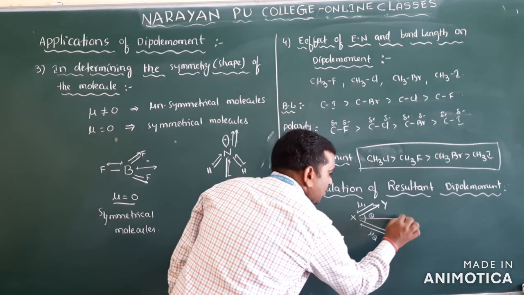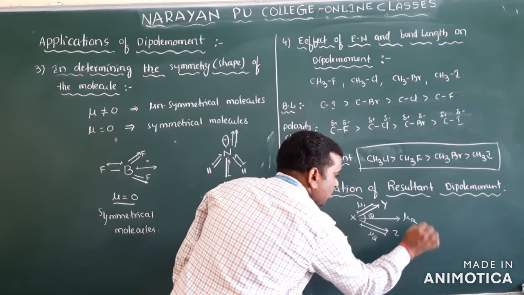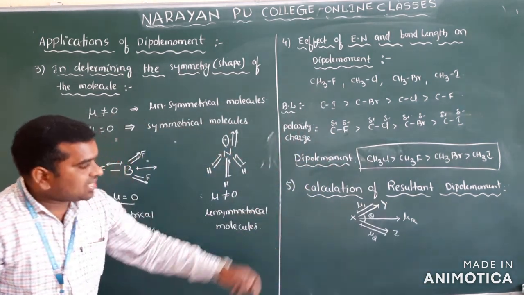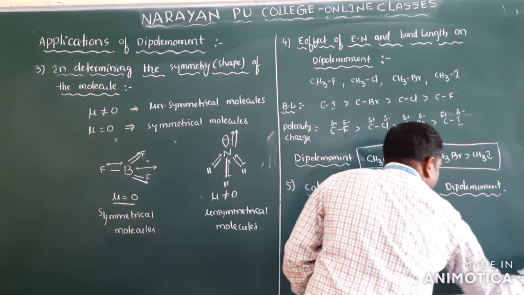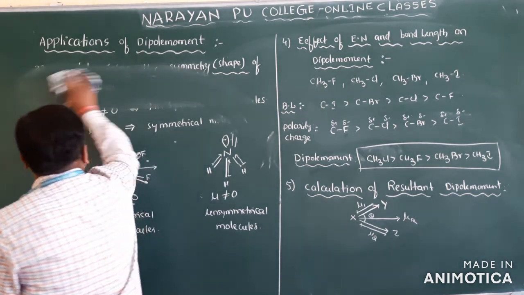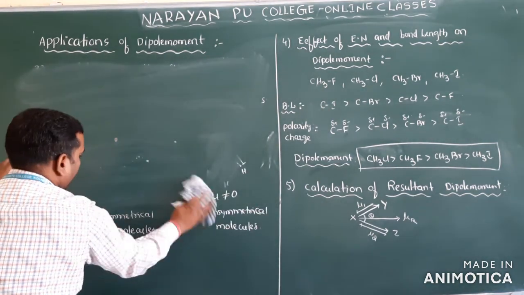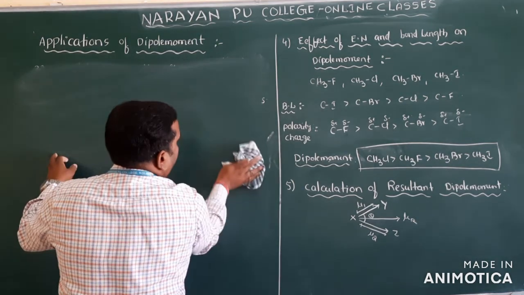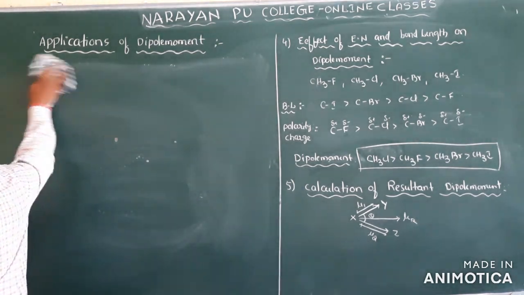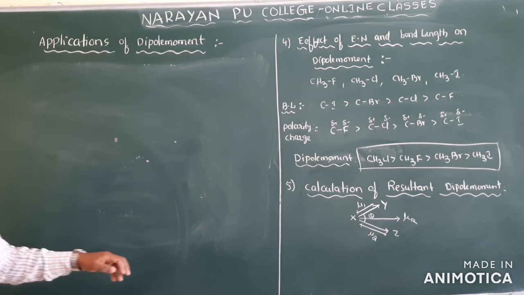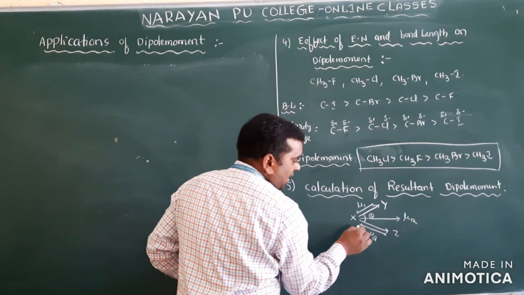The resultant dipole moment will be what? This is the resultant dipole moment. How do we calculate that? We have one formula to calculate the resultant dipole moment, and I will discuss that formula here. For these two bonds, this is one dipole moment and this is the other dipole moment.